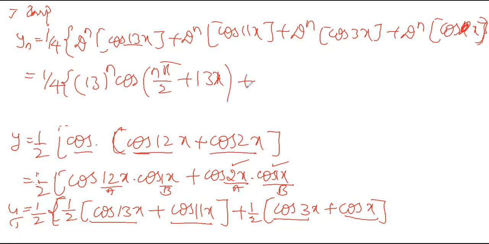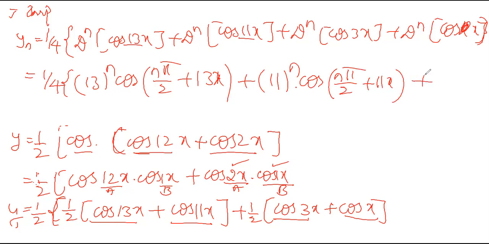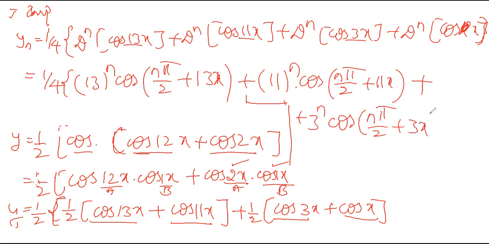Then plus the next one, 11 is there, so we take 11 to the power of n into cos of n pi by 2 plus 11x. It is the second one. Then plus the third one, here 3 is there: 3 to the power of n into cos of n pi by 2 plus 3x.